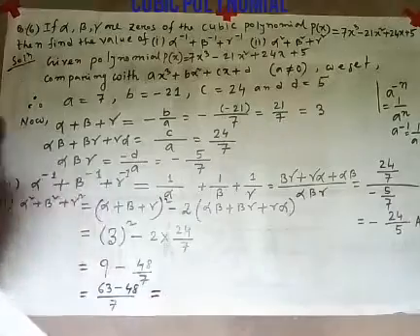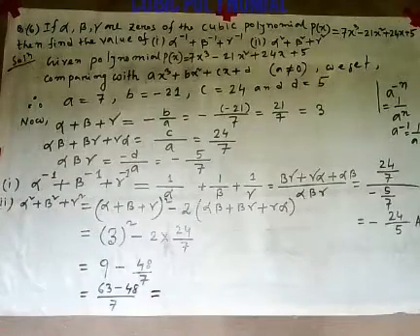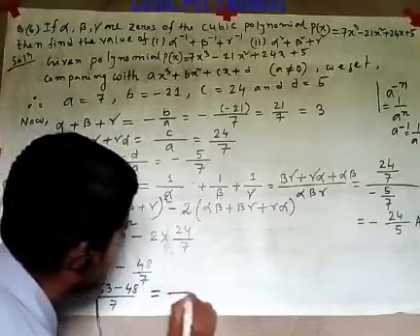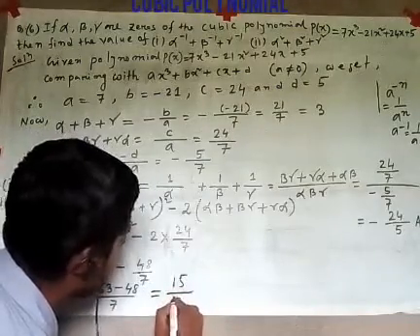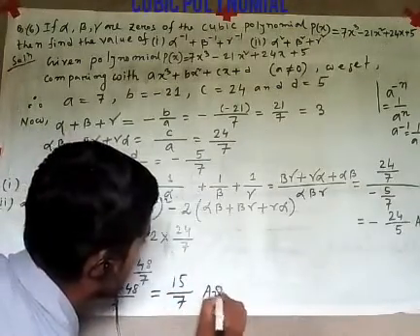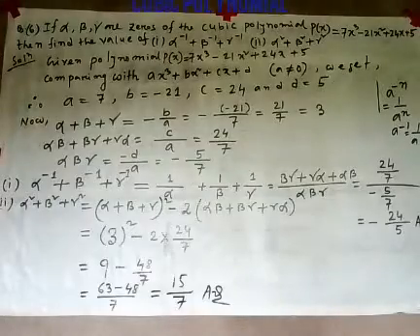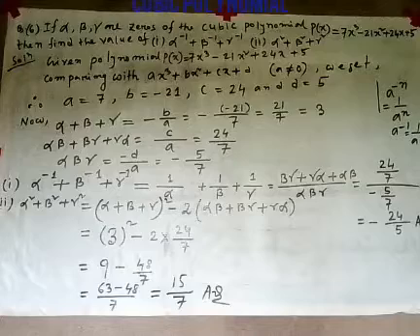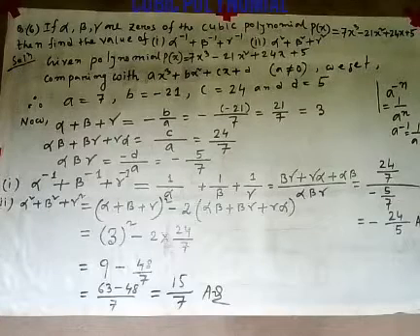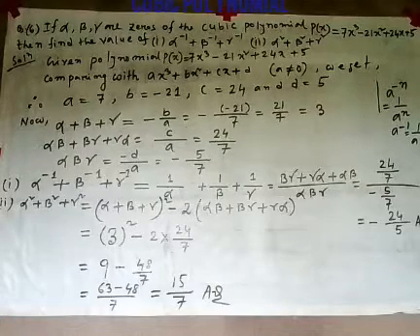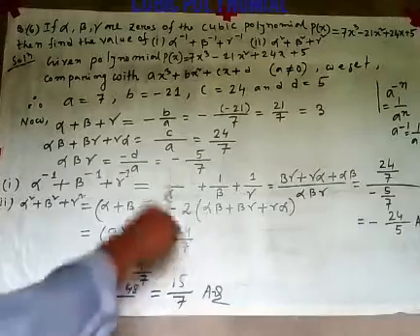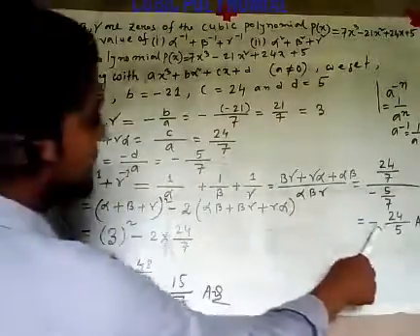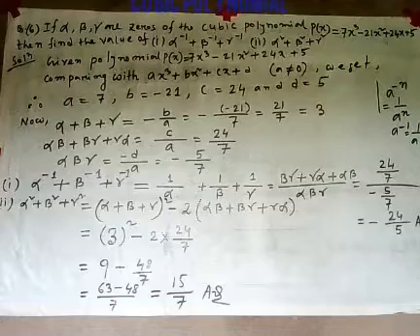This is equal to 63 minus 48. What is the result? 15 by 7. So this is the second part, the answer of the second part. It means question number 1's second answer is 15 by 7, and the first answer of question number 1 is minus 24 by 5.